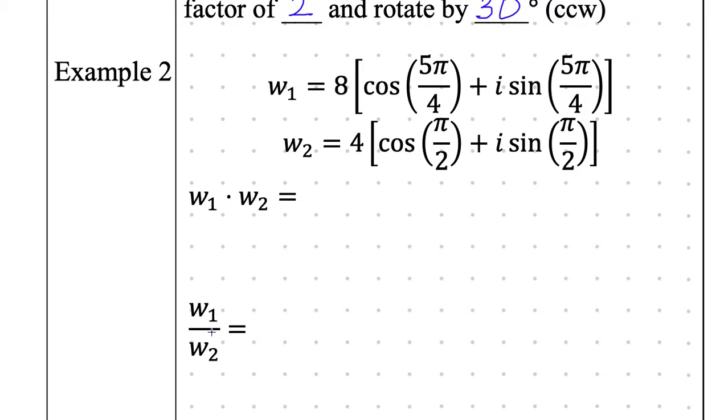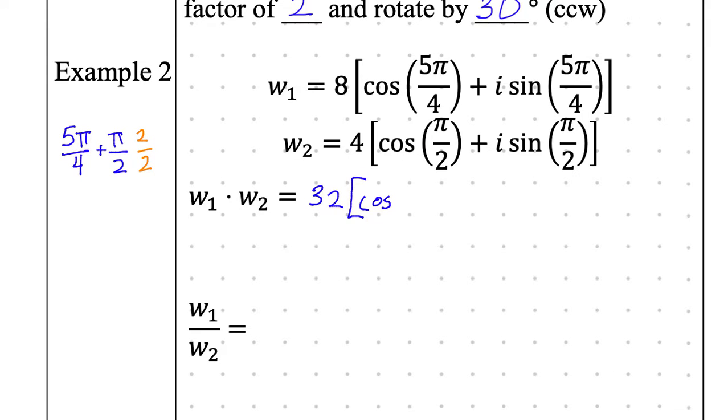So let's multiply. Let's do it as a class. 8 times 4, 32. Start your square bracket. Cosine of what? 5 pi over 4 plus pi over 2. Okay, let's do some scratch work off to the side. I need to have like denominators, so I'm going to multiply one of these by 2 over 2.